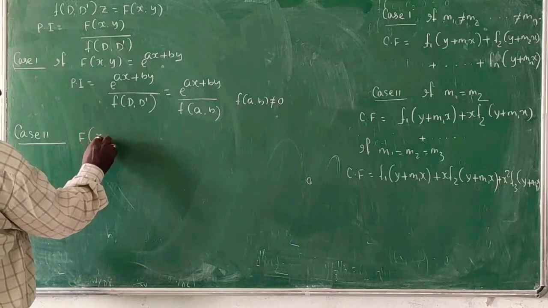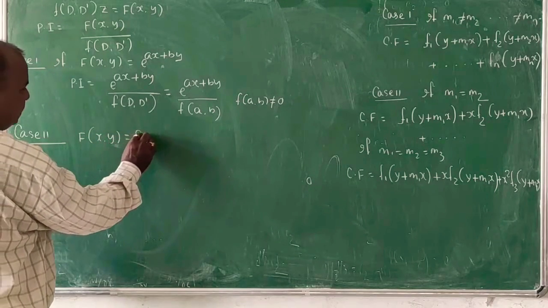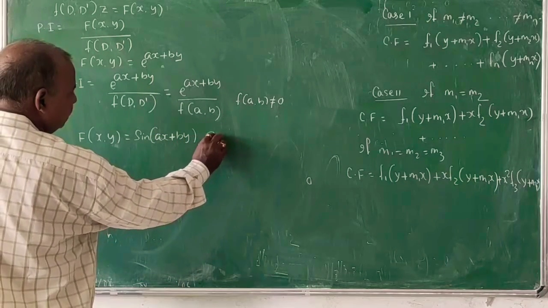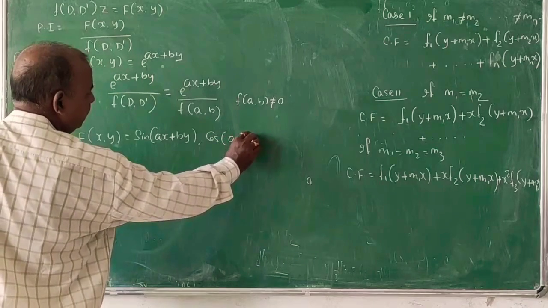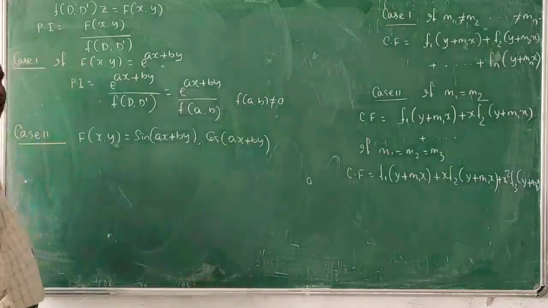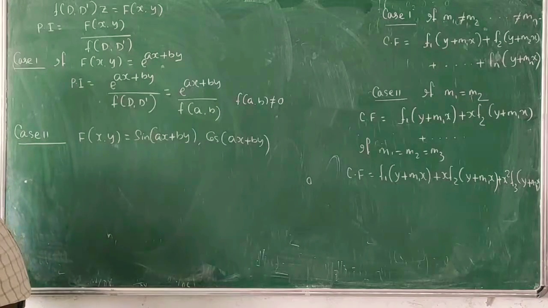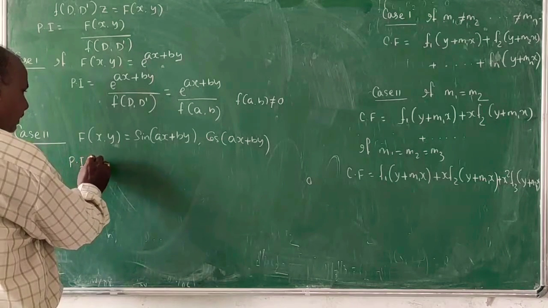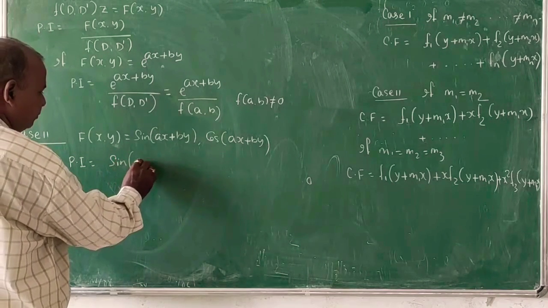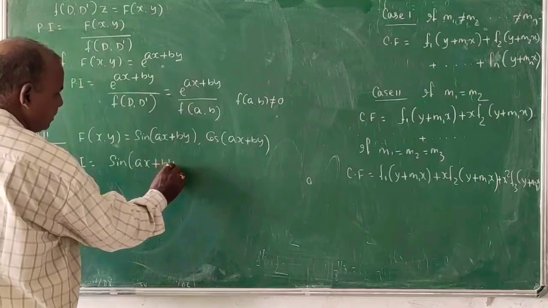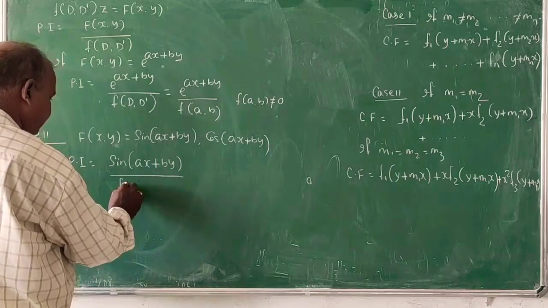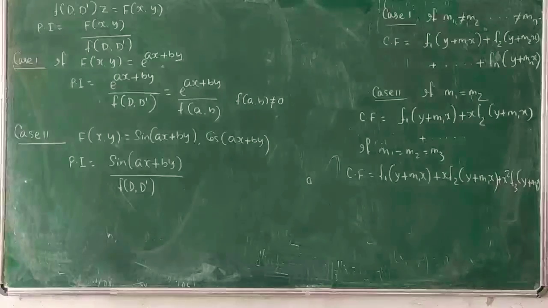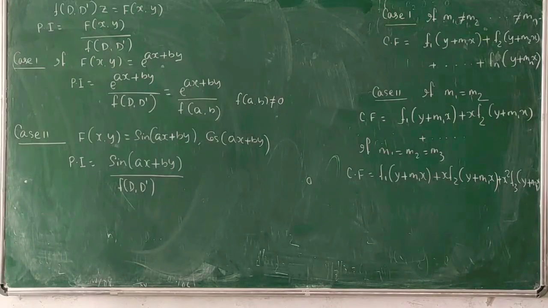So come to your case number 2. Now if f of x, y is sine of ax plus by or cos of ax plus by, the question is how to find the particular integral. So the particular integral is sine of ax plus by divided by f of D square, DD dash, D dash square.